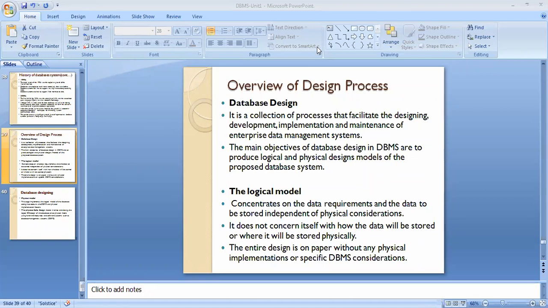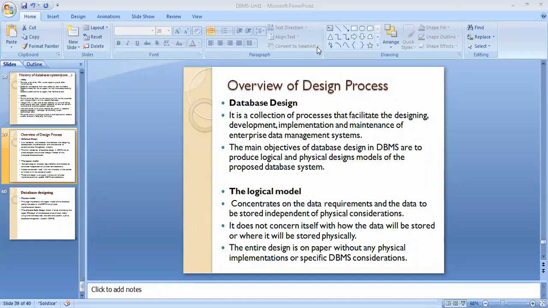See, it is a collection of processes to design our database. As we already saw, what do we mean by database? Any database is a collection of data which is related with each other, right? So a database is a collection of tables, and they are interrelated with each other. We already saw that even with examples.